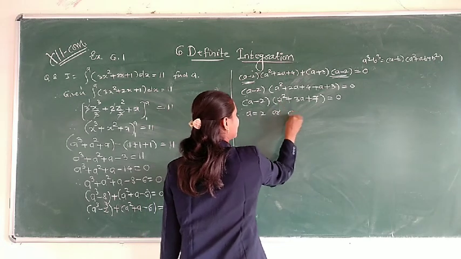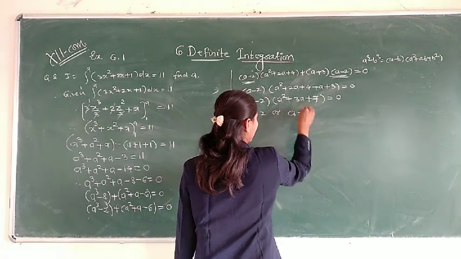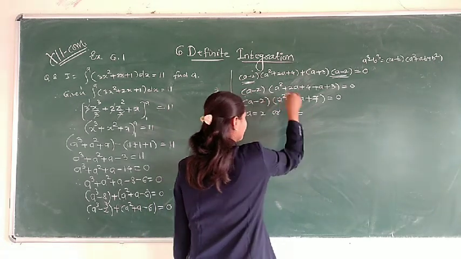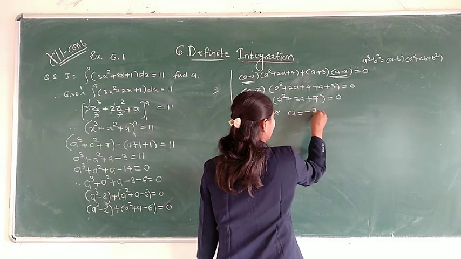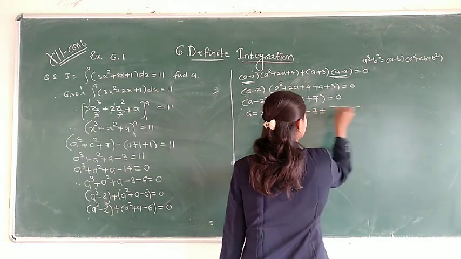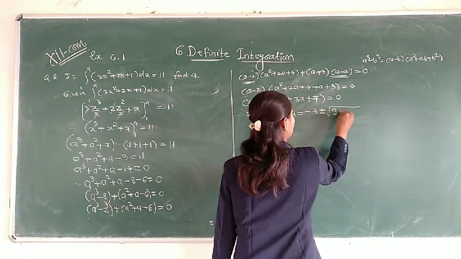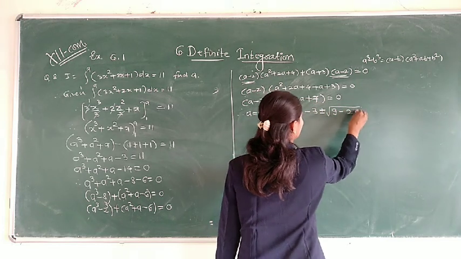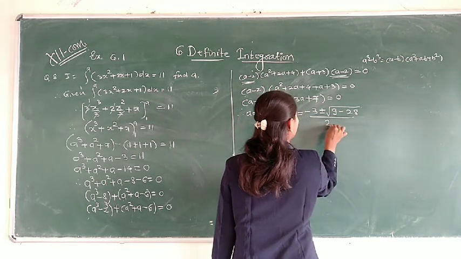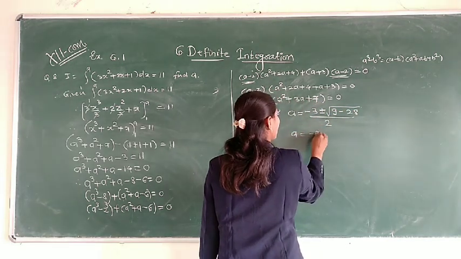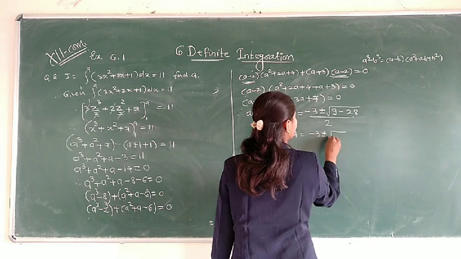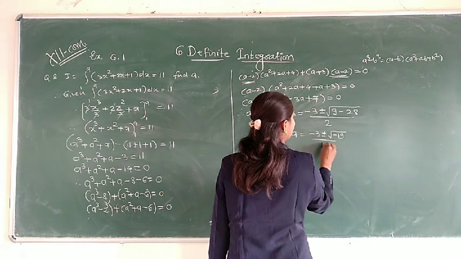Here we find the values of a by using the discriminant. A is equal to minus b plus minus root of b square minus 4ac: 3 square is 9, minus 4 times 7 is 28, divided by 2. A is equal to minus 3 plus minus root minus 19 upon 2.